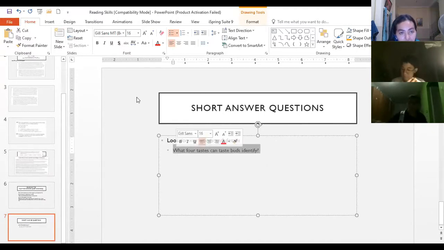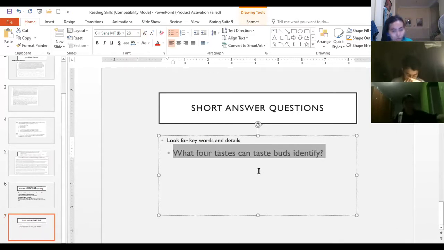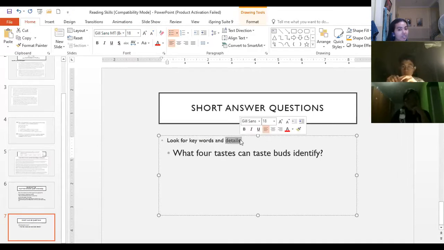For questions like this, there are two things you have to look for. We still stick to keywords, but we add one more thing, details. Keywords are the clues that can help you find the answers, and details are the answer that you need to go and search for.